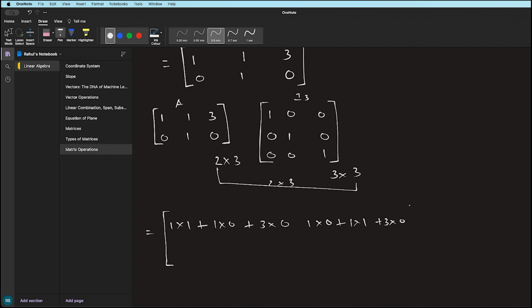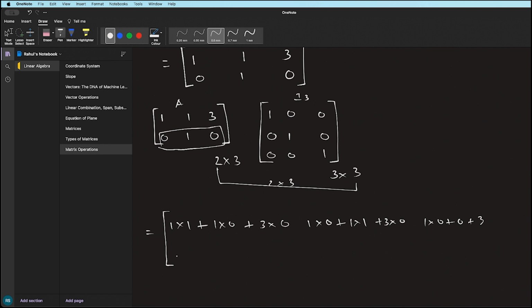Similarly, for the first row and the third column, 1 multiplied by 0 plus 0 plus 3, and the same goes for the second row.